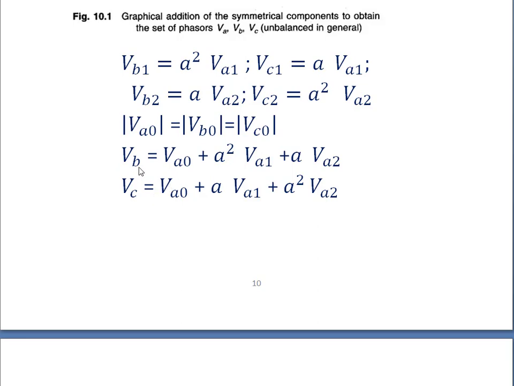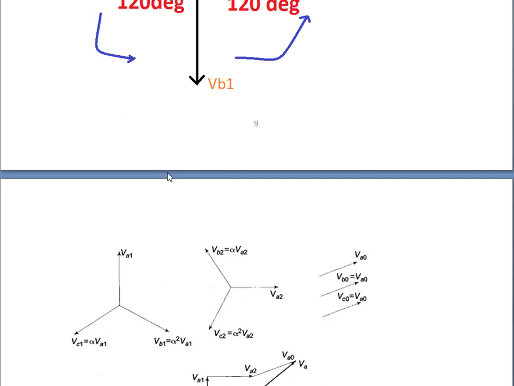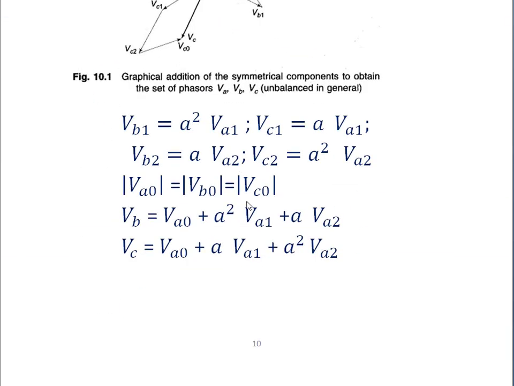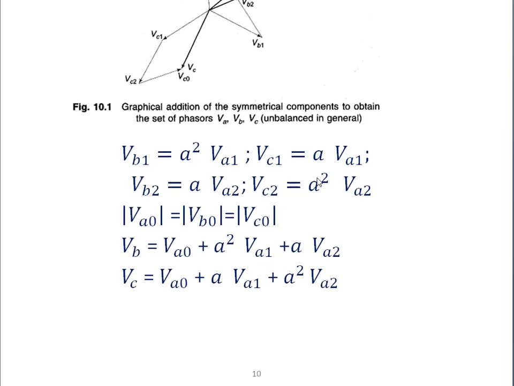What we know is VB is equal to VB0 plus VB1 plus VB2. So now we are replacing that in terms of the reference vector. In place of VB0, we write VA0 because they are equal. Next, VB1 is replaced with A square VA1.